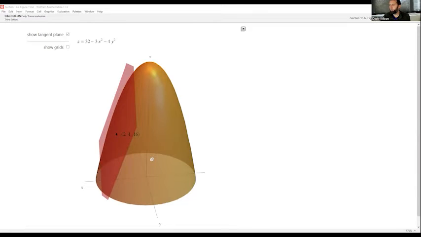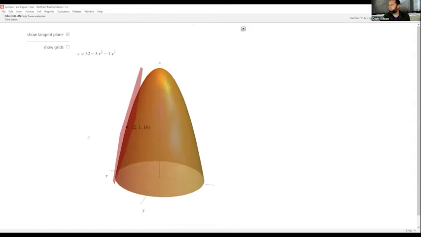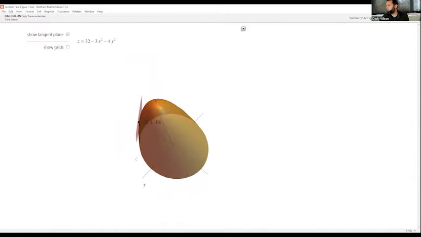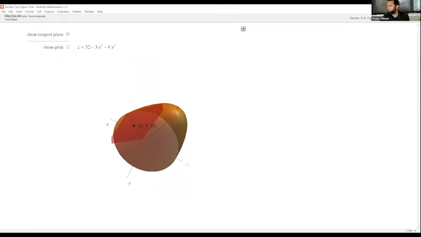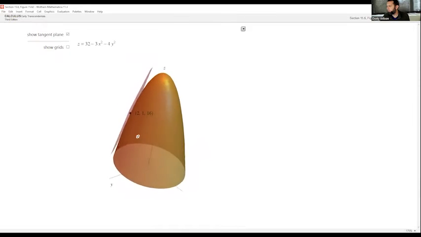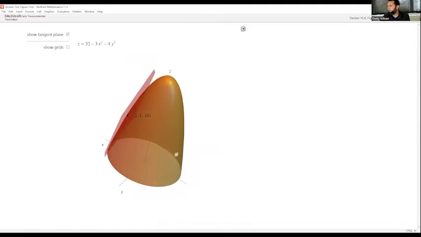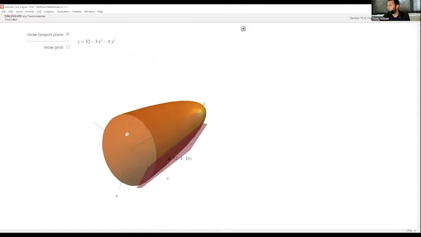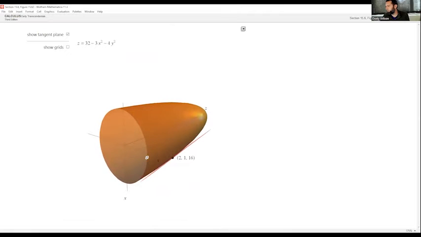So here again, what we're trying to see is the shape or the visual of a tangent plane. What I want you to notice is that this plane sitting on the surface of the cone just barely is touching the cone right at that point. It's just tangent to it.